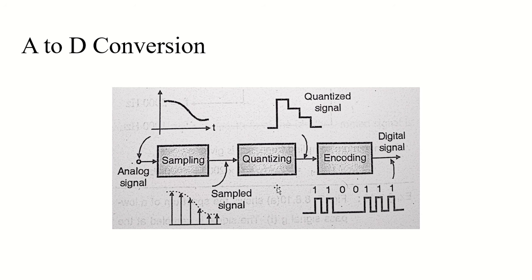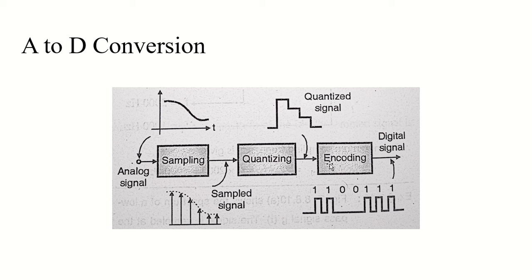The quantization process approximates each sample to its nearest standard voltage level, which is known as the quantization level, and we get the approximated value of the sampled signals at the output of the quantization process, right? Normally the number of quantization levels is finite, and generally it is a power of 2, so it goes 2, 4, 8, 16, 32, 64, 128, and so on.